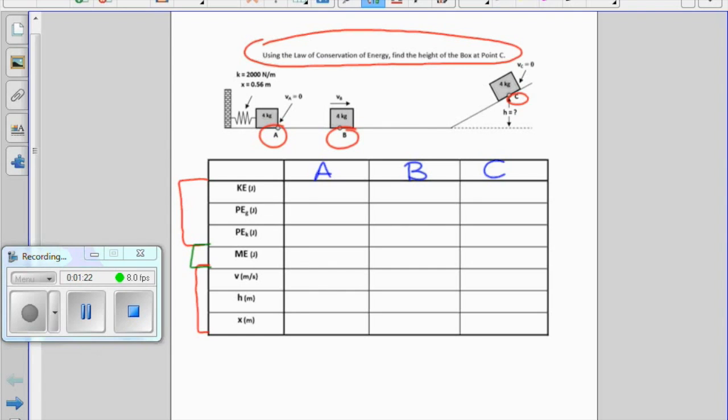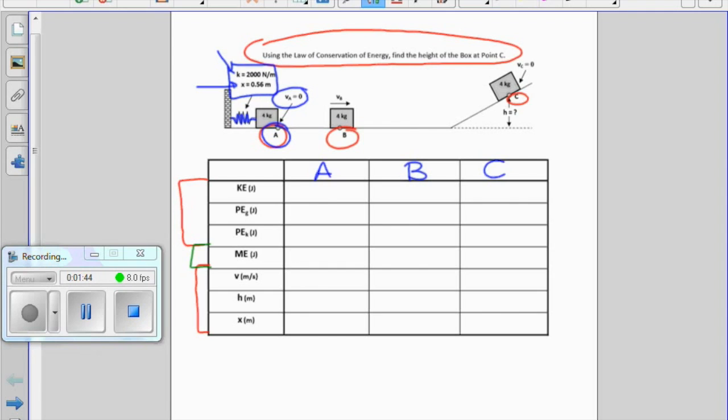Let's first evaluate what's going on at position A and see if we can start solving the problem there. At position A, I have a box that is pushed up against a spring and has a velocity of 0. It gives me some information about the spring: k, the spring constant, and x, the distance the spring is pushed in.